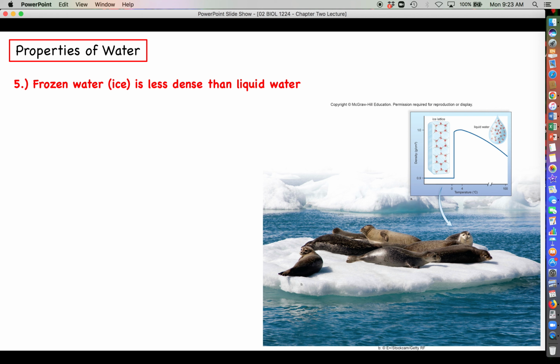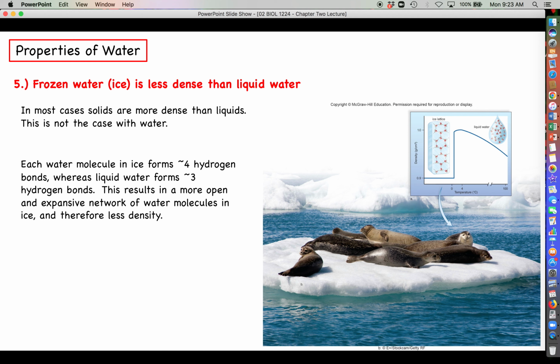So this is how we can explain solid water, which is ice, being less dense than liquid water. The way we can explain this is that in ice, each water molecule is going to form about 4 hydrogen bonds. So whichever water molecules it can get its hands on, a single water molecule will form a total of 4 hydrogen bonds with the water molecules that surround it.